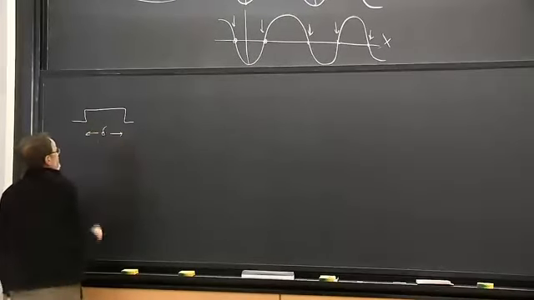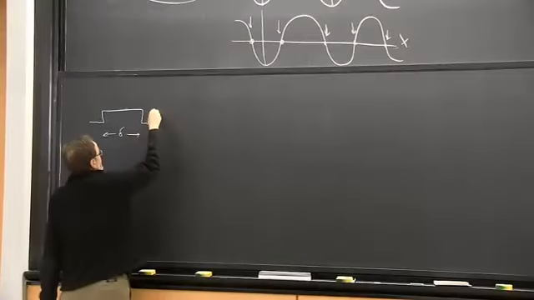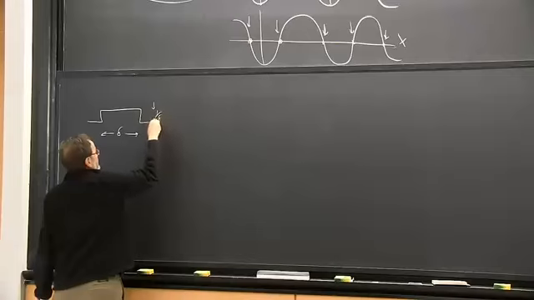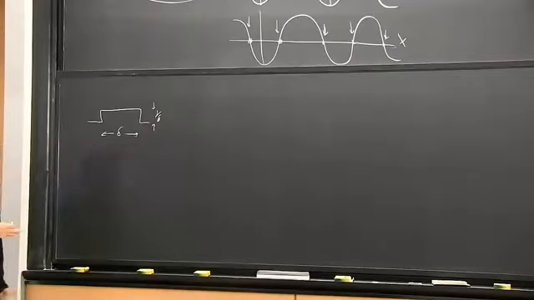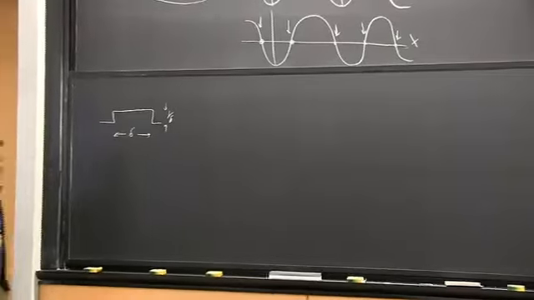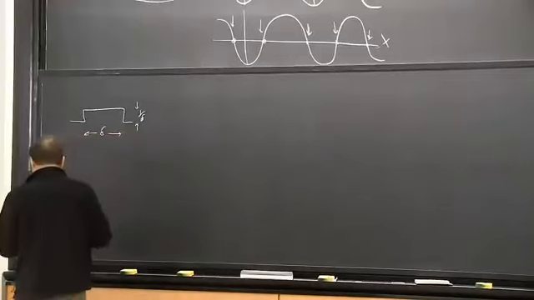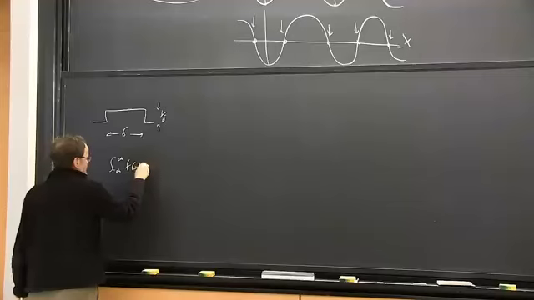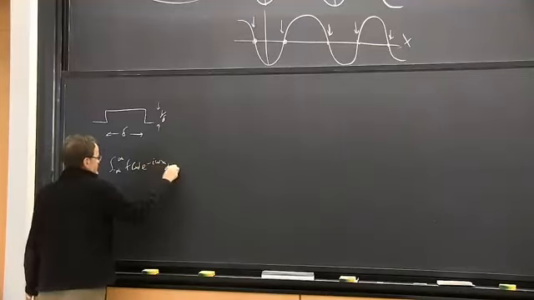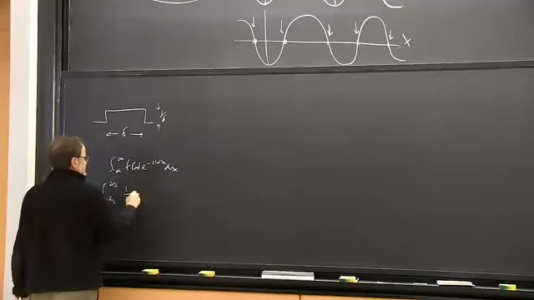So we have a block of, let's say, width delta that we're averaging over, and we can make the height of this thing 1 over delta, just so that when we get the result, it's the same magnitude as the original value. And so we're really doing a moving average. So what have we got? That's going to be the integral from minus delta over 2 to plus delta over 2 of 1 over delta.